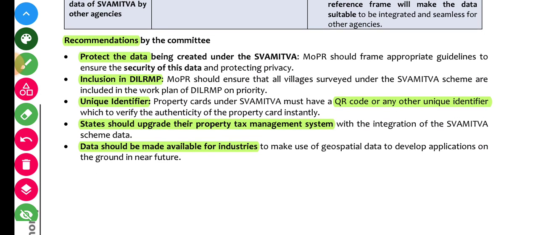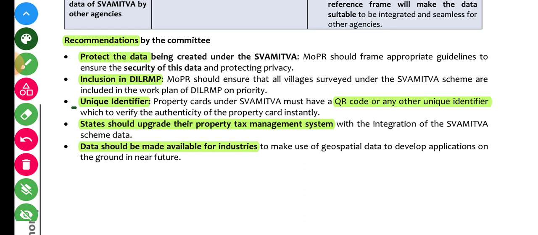A recommendation by the committee under the Panchayati Raj institution, under the Ministry of Panchayati Raj: protect the data under SVAMITVA, ensure security of this data and protect privacy, and inclusion in DILRMP, the Digital India Land Records Modernization Programme. The Ministry of Panchayati Raj will initiate this inclusive development.